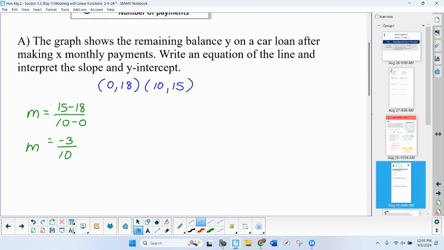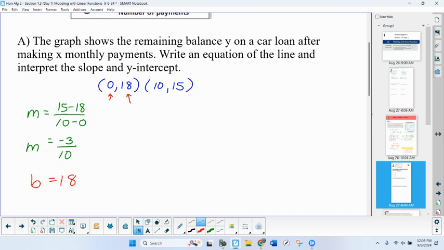What's your y-intercept, Jack? Do you know your y-intercept without doing any work? 18. Yeah. Guys, remember the y-intercept is wherever x is 0. So right here, x is 0. What's y? There's your y-intercept.